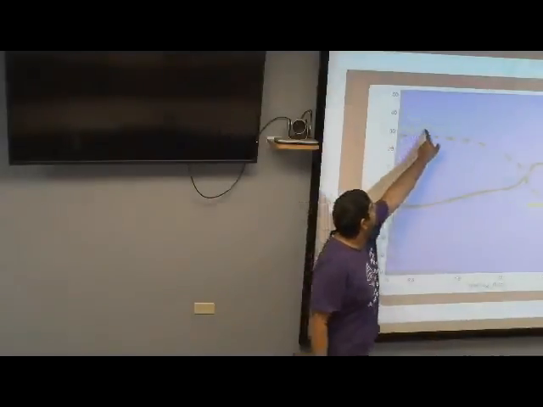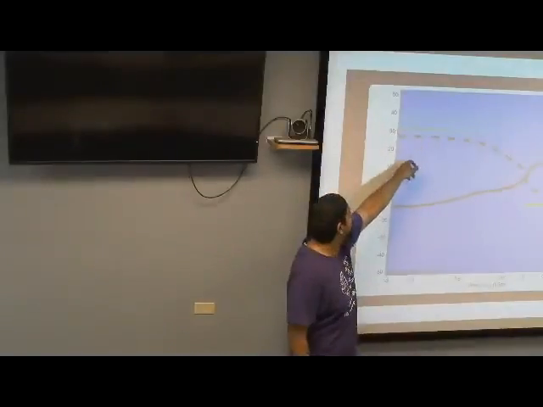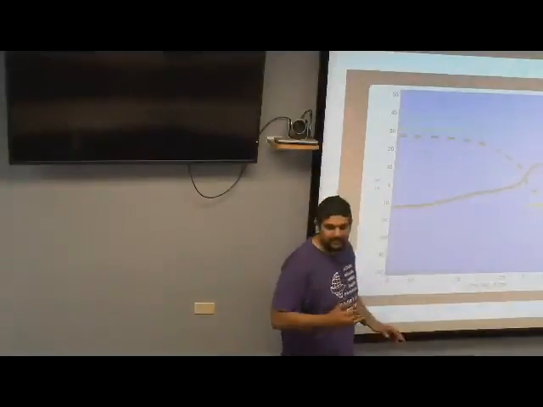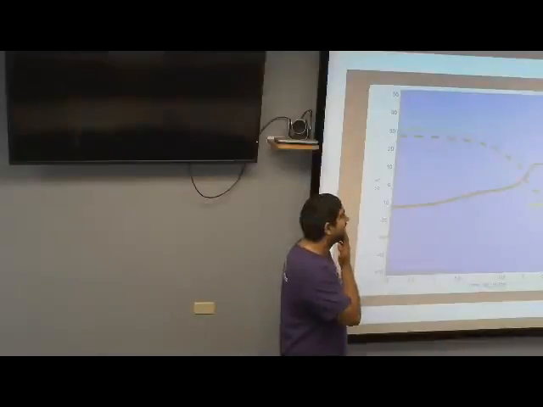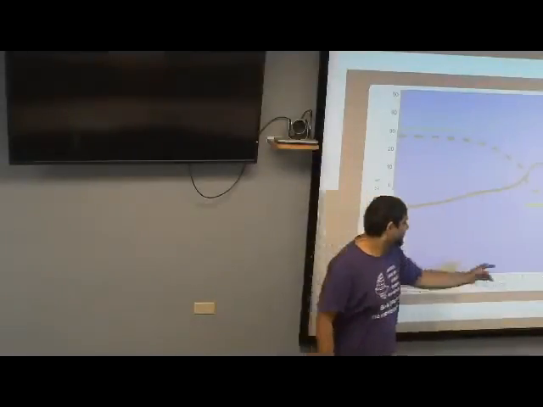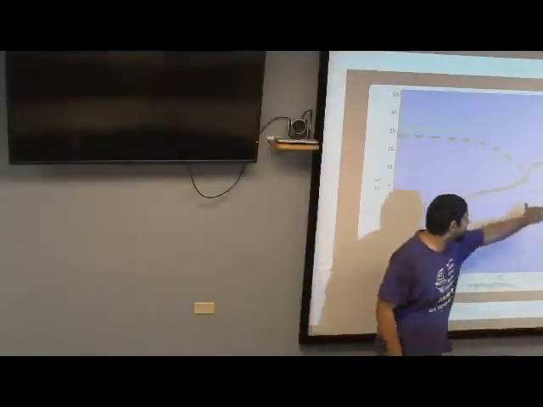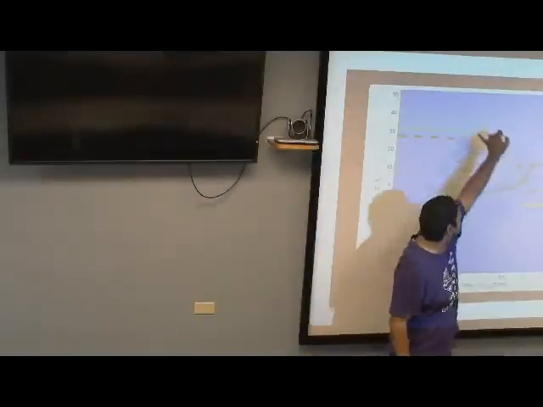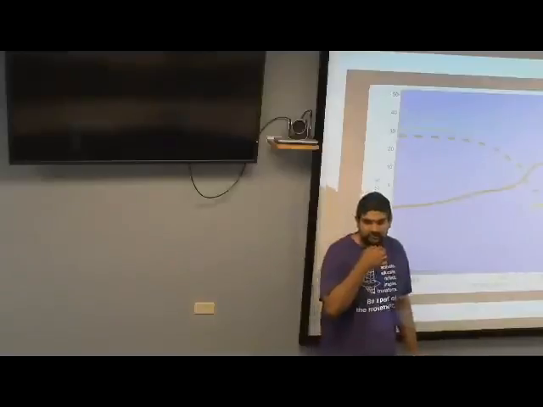Here is the yellow line; this yellow line is the position of the electron. As you can see, as time changes, the position of the electron changes from here to there.